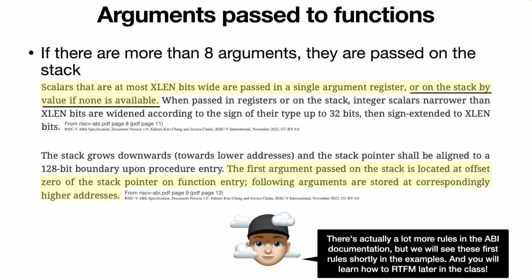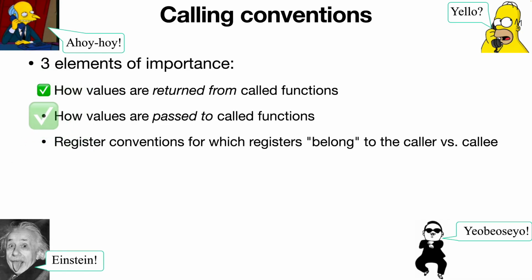Now there's actually a whole bunch more rules in the ABI documentation, and we will see all of the rules that I've just told you about in our examples, and later on in the class we'll teach you how to read the fun manual so you can come back and enjoy the ABI at your leisure. So that's how values are passed to functions, just argument 0 through argument 7 and the stack if necessary.